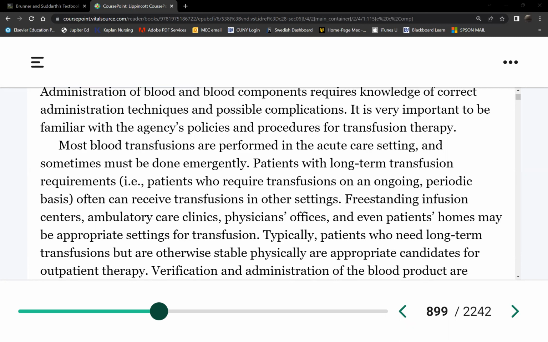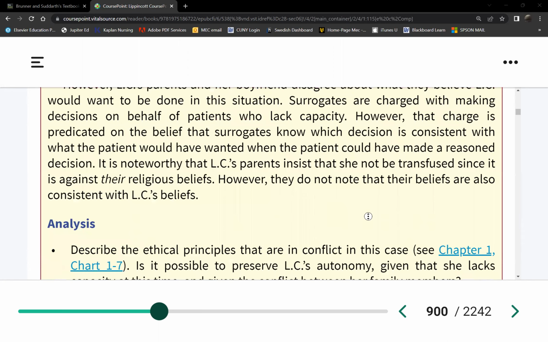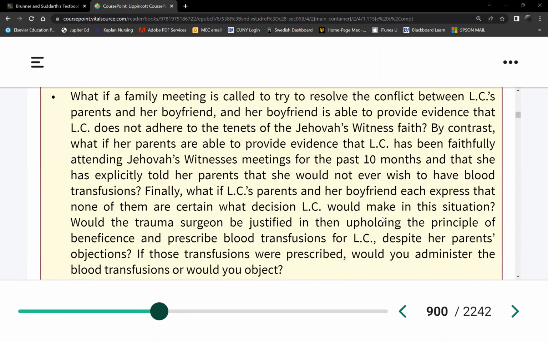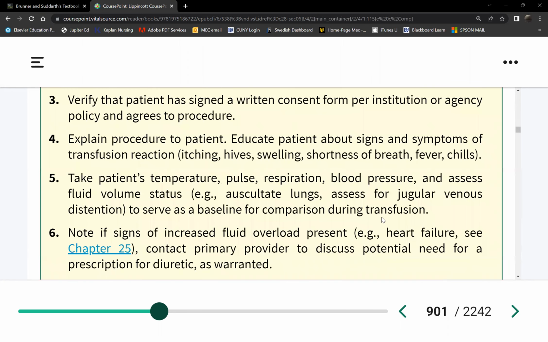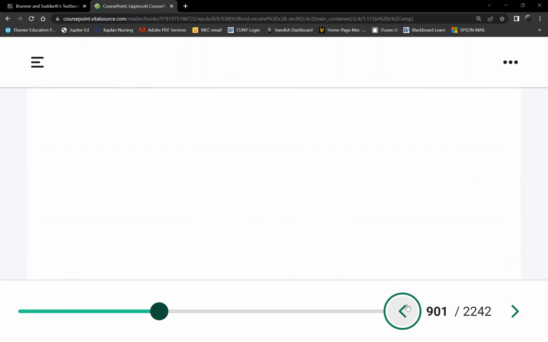All right, so what are the blood products that we're going to be transfusing? We have several. We will discuss the procedure later. Let's look at the different blood products first.